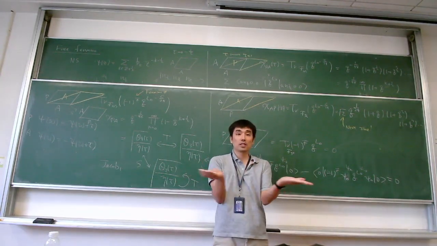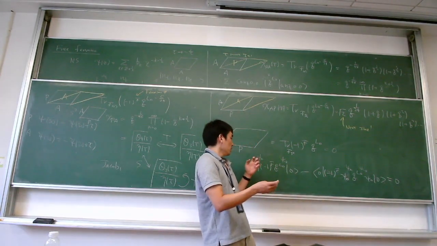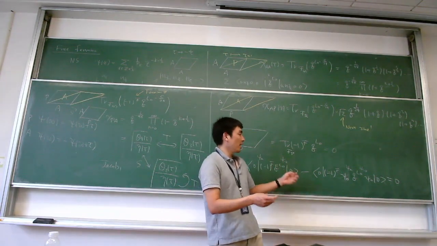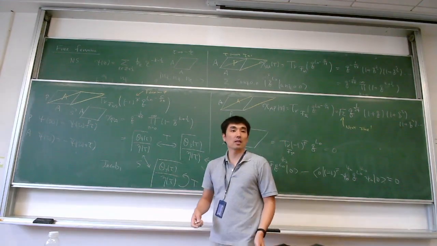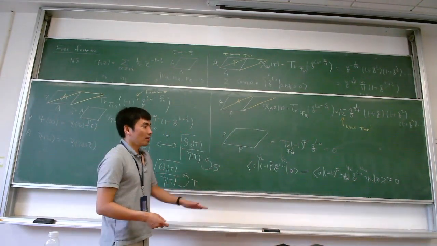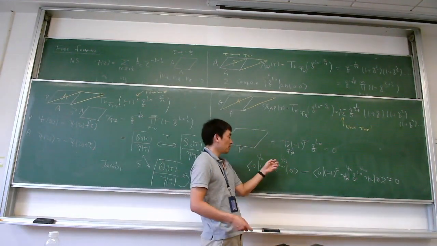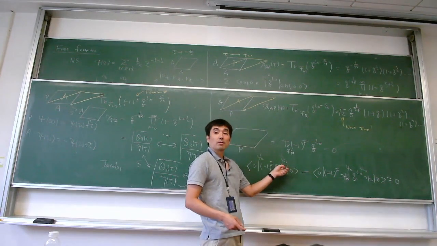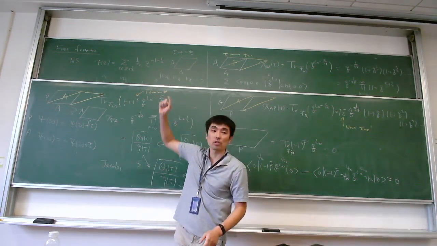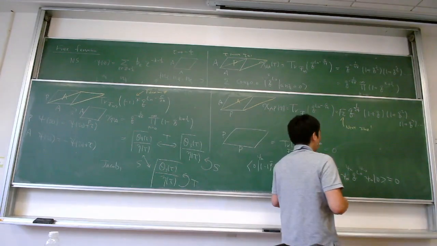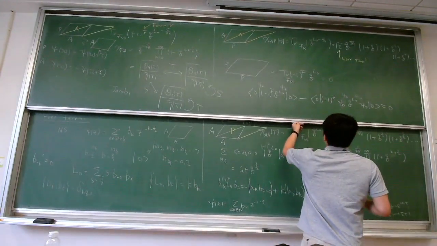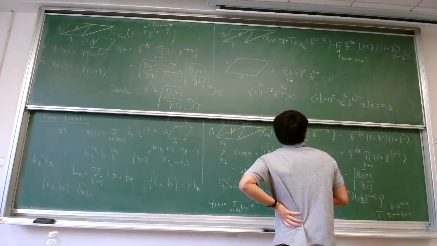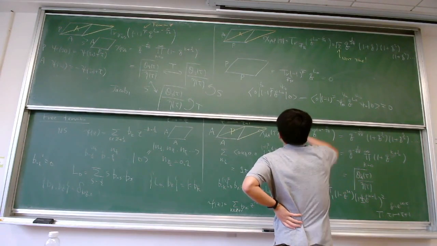So there's always a pairing between psi minus k and psi minus k times psi 0. Do you understand? The signs are always different, but the power of L0 is the same, due to this anti-commutation relation. So therefore this is 0.